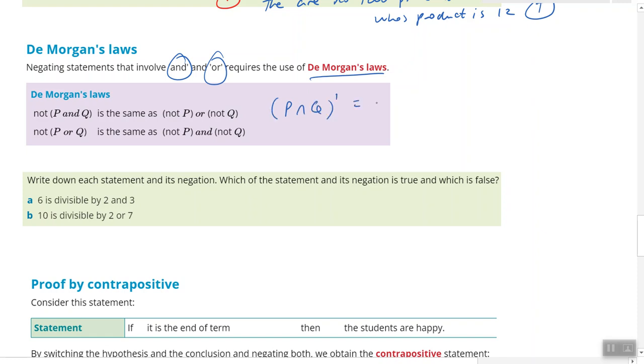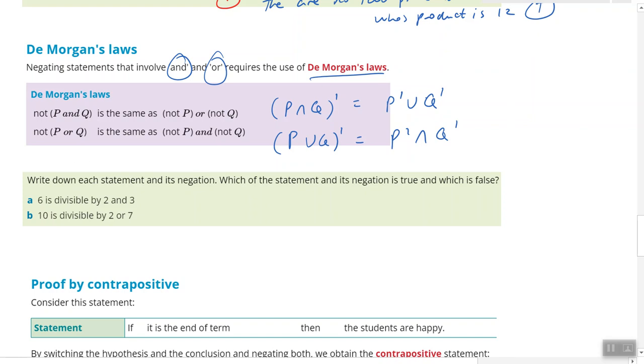So not (P and Q) would equal not P or not Q, so union not Q. Not (P or Q) is not P and not Q. Okay, so that's the set notation version of it. But yeah, so if anything contains 'and' or 'or' in the statement, you'll need to use De Morgan's law.